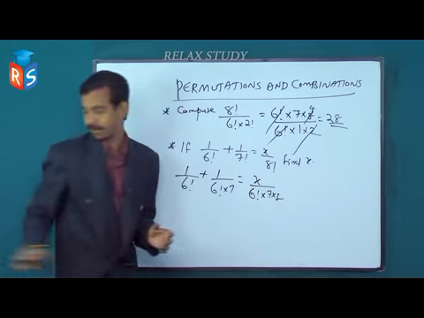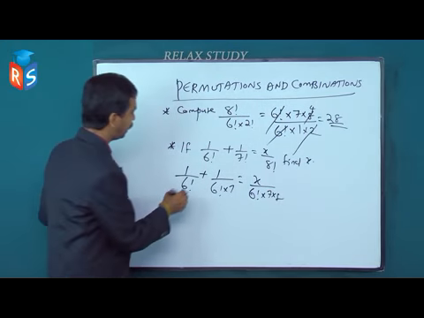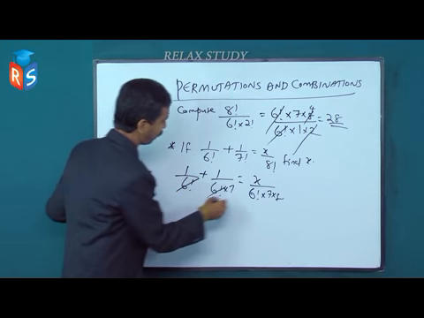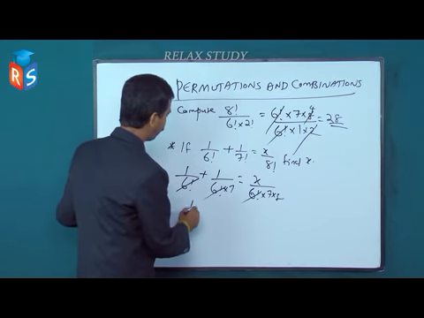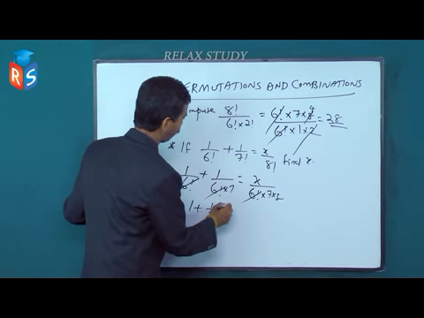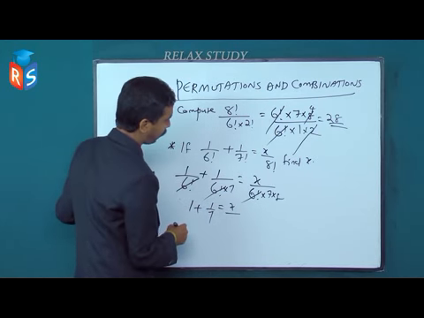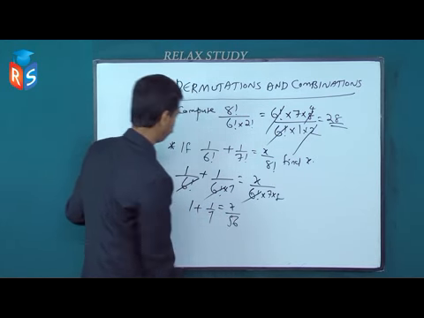From which we can find the value of x. We can cut the common number 6 factorial.